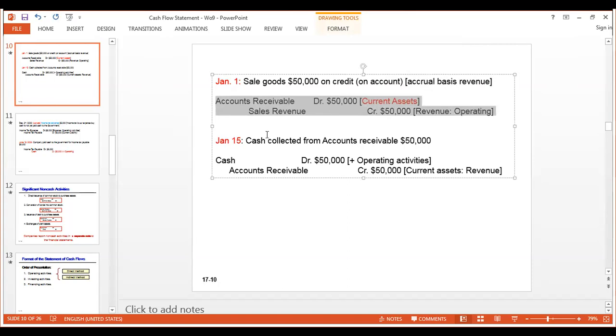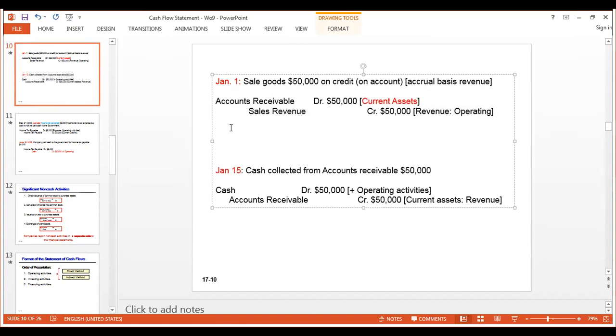But cash basis says that on January 1st, cash basis does not record revenue. According to the cash basis, January 1st is not the revenue. But according to the accrual basis, it is revenue.